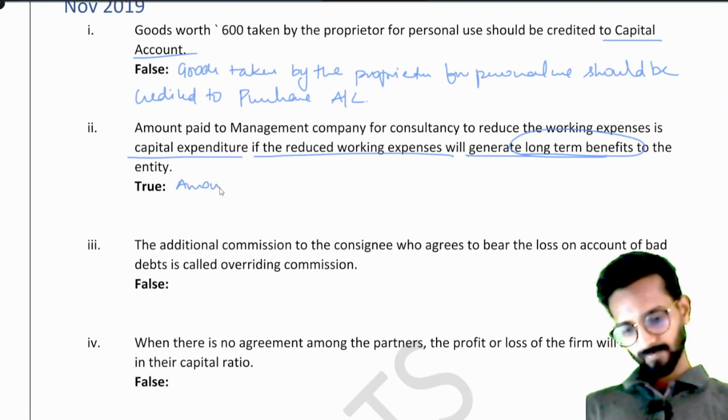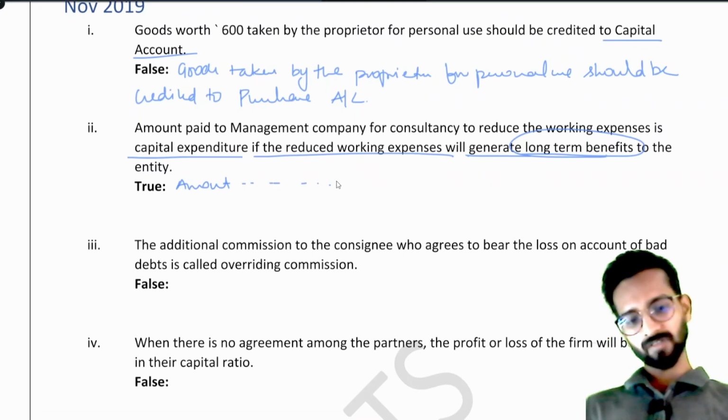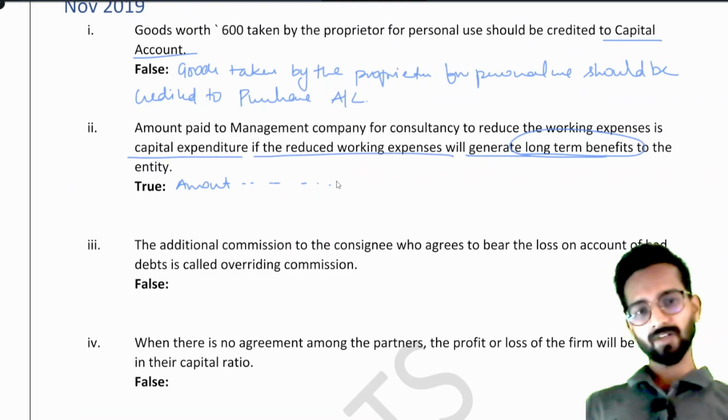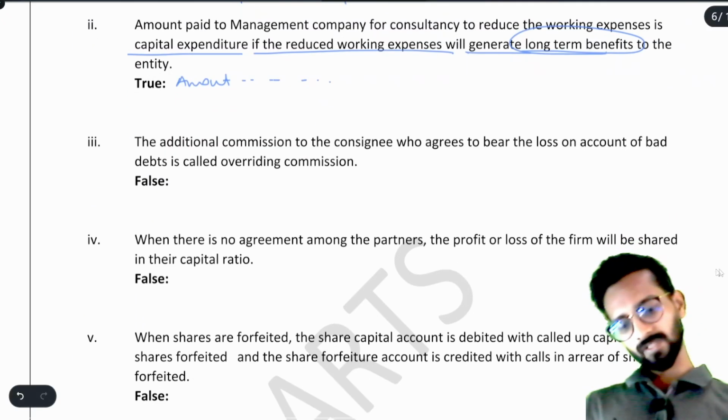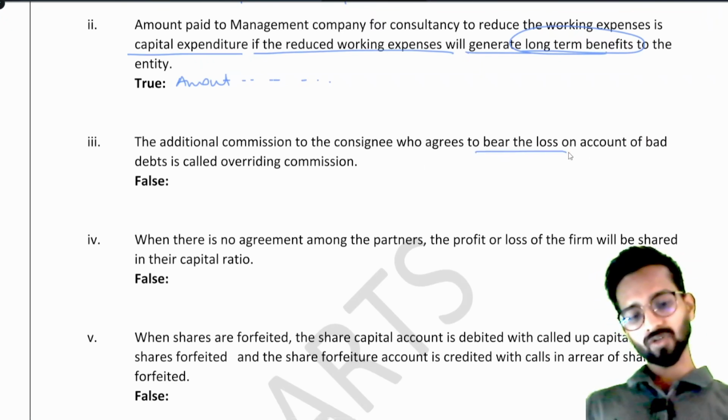Amount paid, actually we have to write exactly the same thing only. There is no explanation for this, okay, because it is generating long term benefit, you can say it is the capital expenditure.